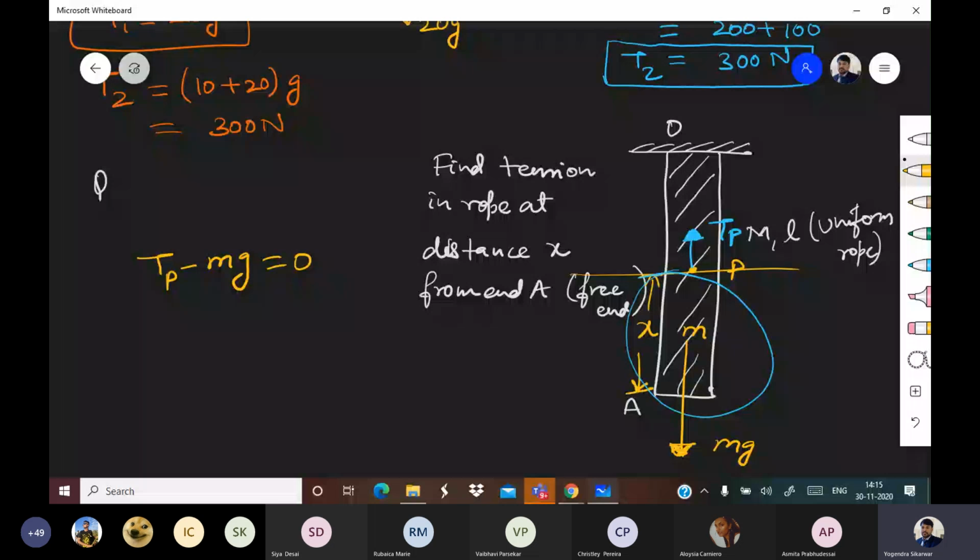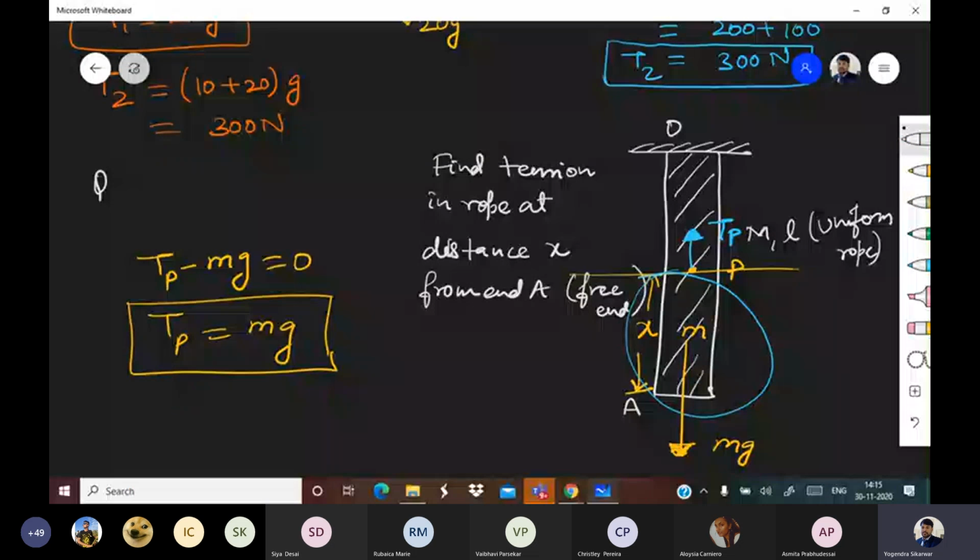Now the question arises: how much is the value of small m? For that we are again going to use the unitary method. In L length the mass is capital M. In unit length it will be M by L. So in x length the mass, small m, is equal to mass per unit length into length.